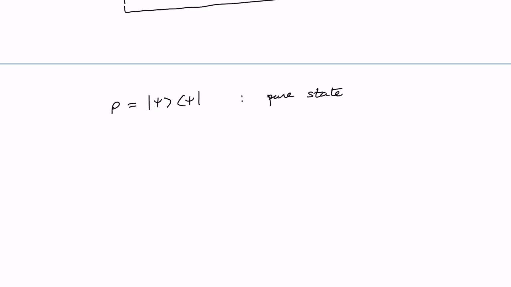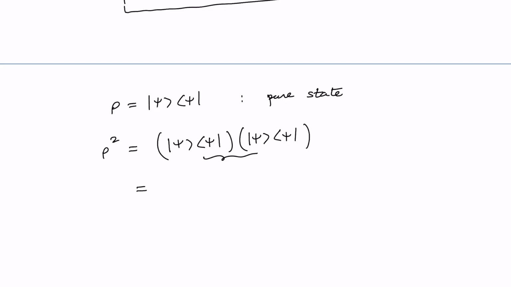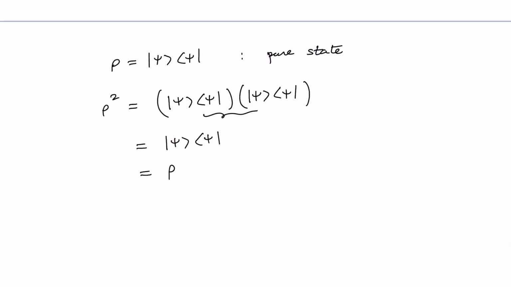So if I take rho square, for the first rho I have this, and for the other rho I will have |psi><psi|. Now you can see this is equal to 1 because |psi> is normalized, so I will be left with |psi><psi|, and this is nothing but rho.